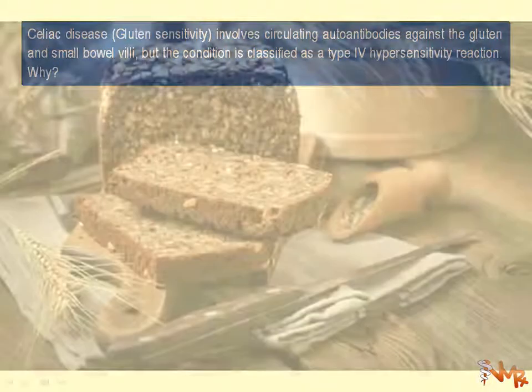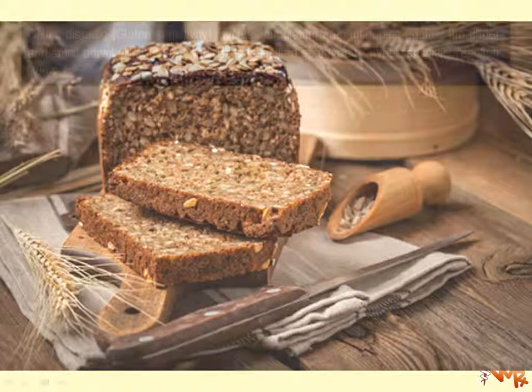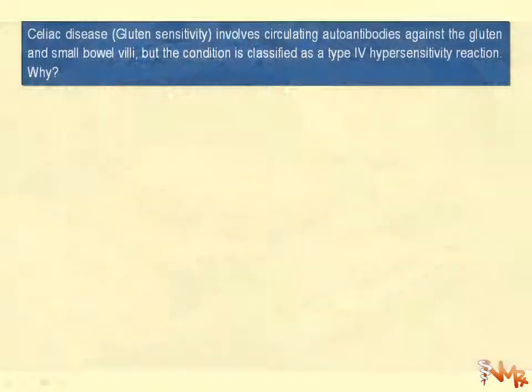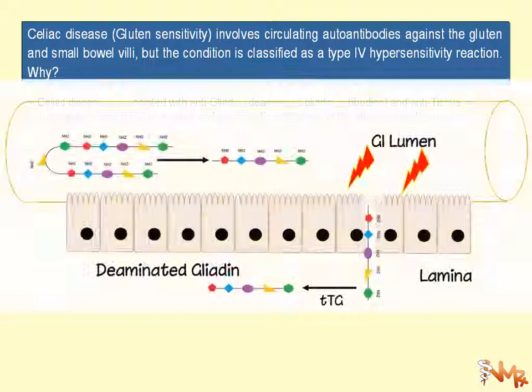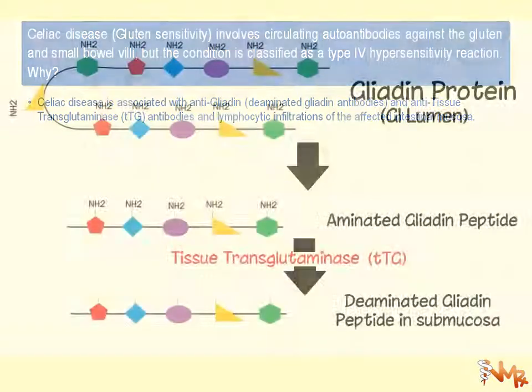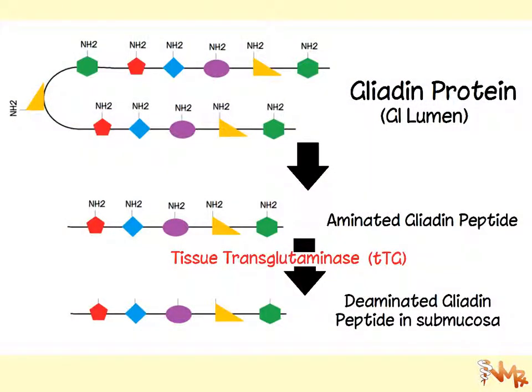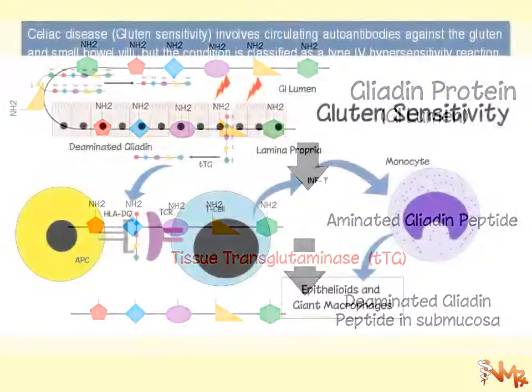Celiac disease, gluten sensitivity, involves circulating autoantibodies against the gluten and small bowel villi, but the condition is classified as a type 4 hypersensitivity reaction. Why? Celiac disease is associated with anti-gliadin and anti-tissue transglutaminase antibodies and lymphocytic infiltration of the affected intestinal mucosa.